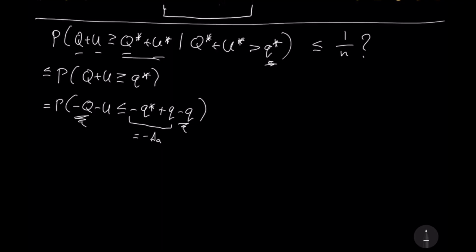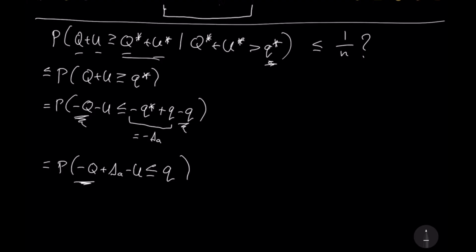So we can move that to the other side of the inequality. I'm simply rewriting things here, not actually changing anything. The probability of all of this is smaller or equal to q. Now we have the desired form to be able to apply Hoeffding's inequality.